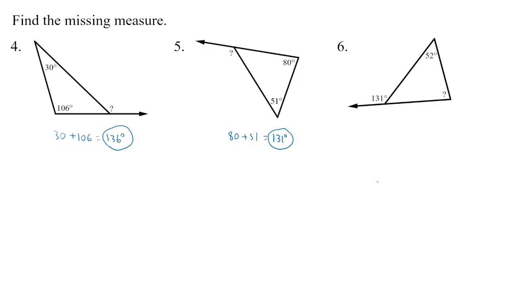So all you got to do is subtract 52 from 131, and you would get 79 degrees. So the measure of the missing angle is 79 degrees.